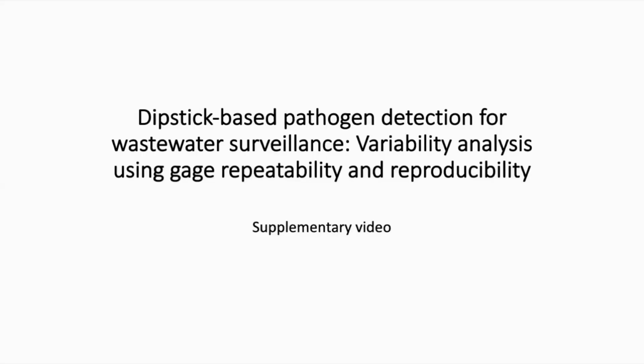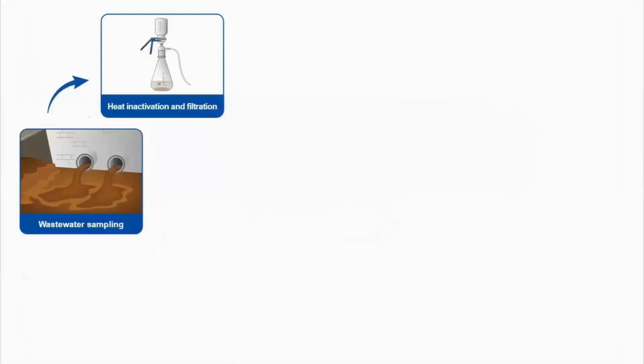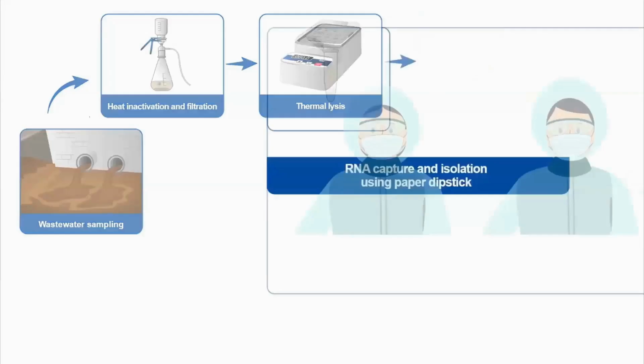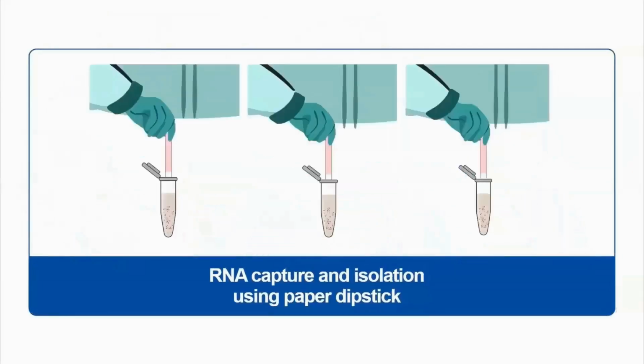In this video, we present an overview of the variability analysis study for dipstick-based pathogen detection in wastewater. Wastewater samples are collected in triplicates and heat inactivated to make them safe to handle. Filtration and thermal lysis are performed to release nucleic acid from pathogens present in these samples. Viral RNA is captured using cellulose dipsticks by 3 separate operators.